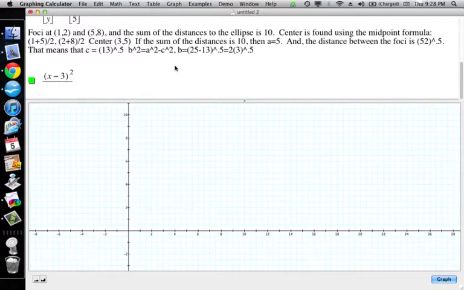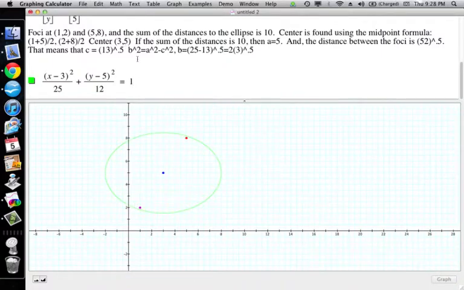So I'm sorry, my b is, my a is 5, so that's 25. Plus y minus 5 squared divided by the square root of 12 squared, is equal to 1.